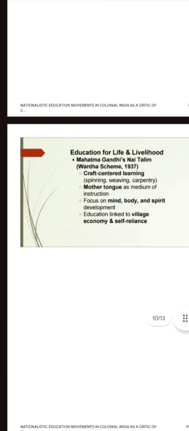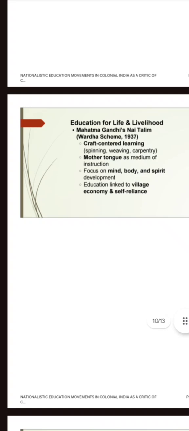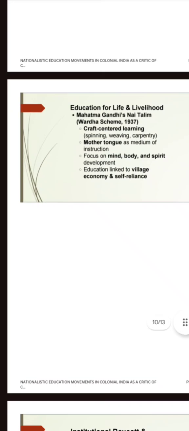The next one is education for life and livelihood. Mahatma Gandhi's Nai Talim, the Wardha scheme of 1937, was craft centered learning, including spinning, weaving, and carpentry, with the mother tongue as the medium of instruction, focused on mind, body, and spirit development, and education linked to village economy and self reliance.